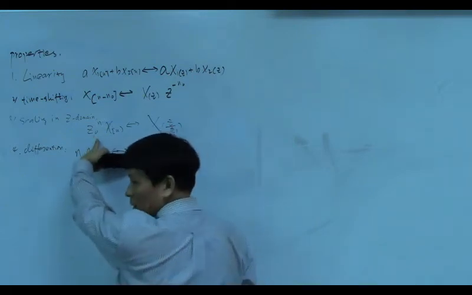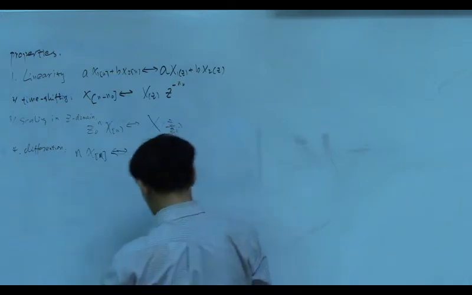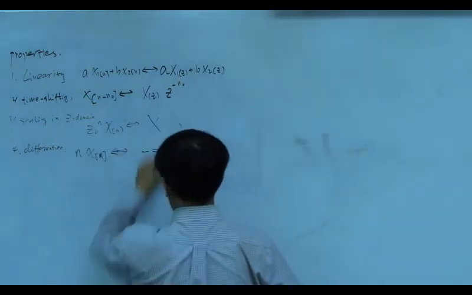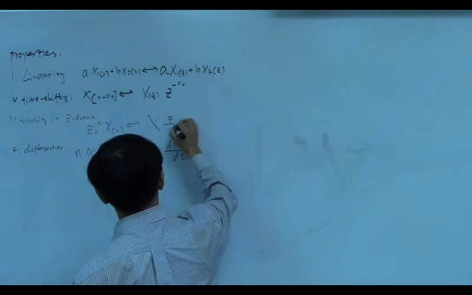Because you multiply by z0 to the n, and this one will be, so that's z over z0? Yes, z over z sub 0. Z sub 0 here is a constant.